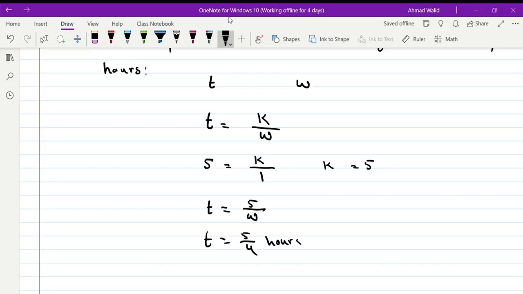You can easily use your calculator, and it gives you few minutes. 5 over 4, right? That means 1 hour and how many minutes? 1 hour and 20 minutes, something like this. They can finish the job, correct?